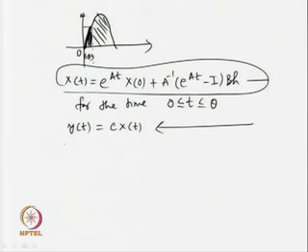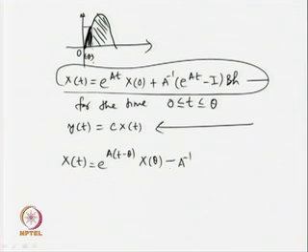And the expression for the state can be given as x(t) is equal to e to the power A (t minus theta) x(theta). Please keep in mind the change I am introducing here, minus A inverse. Why is this minus sign coming? The relay switching is taking place. The relay output, or the process input, is going to be negative.